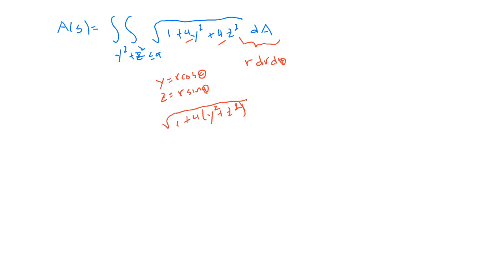So I'm just looking at the integrand right now. It becomes the square root of 1 plus 4 times y squared plus z squared. But what is y squared plus z squared going to equal?